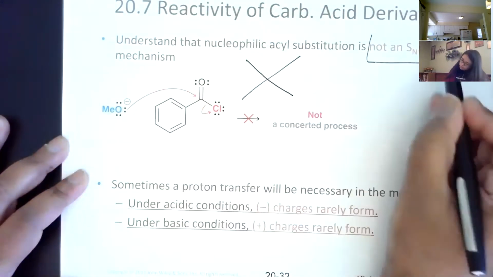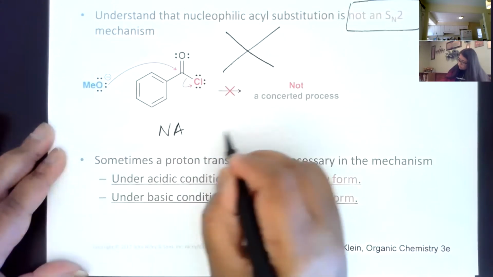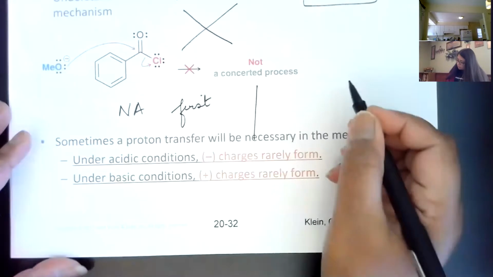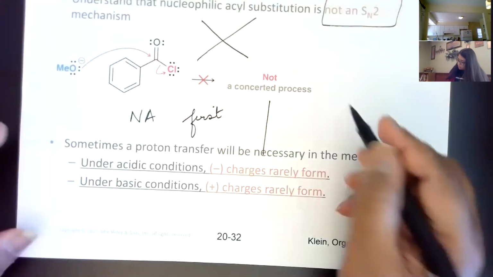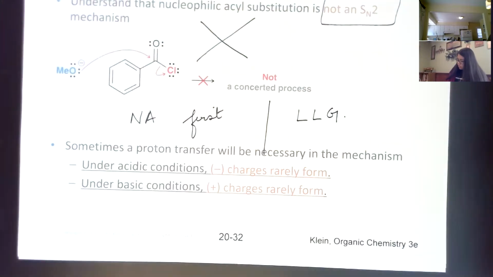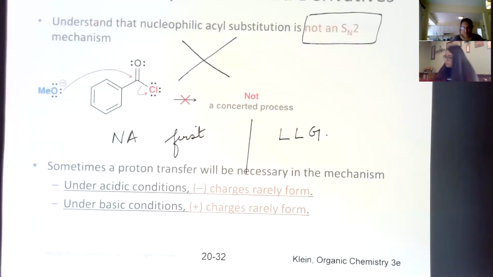Not an SN2. So it must be nucleophilic attack first, and then loss of the leaving group. With that, I'm going to stop.